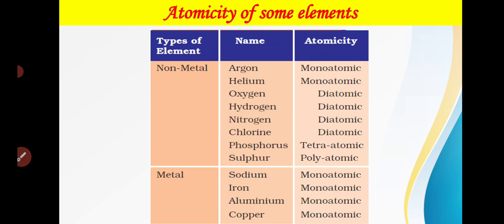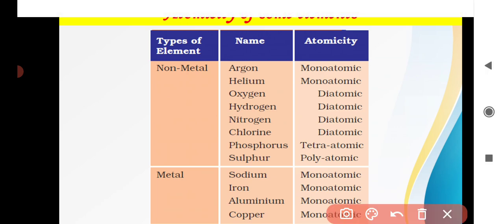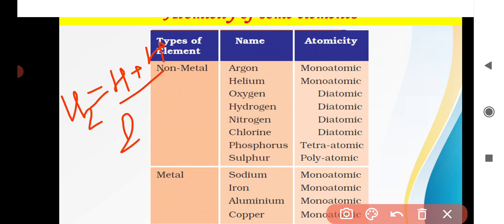Moving ahead, atomicity of an element. Atomicity of an element means the property of an atom of a given element to form a molecule by combining with itself. If you consider H2, here hydrogen is combined with hydrogen, so the atomicity of hydrogen is H plus H. That means two atoms of hydrogen combine with each other to form a molecule.